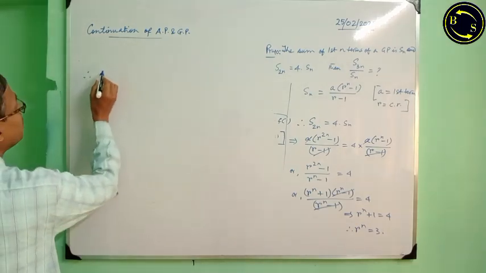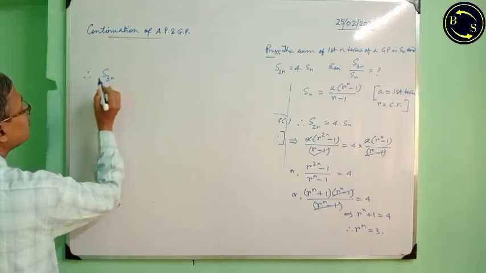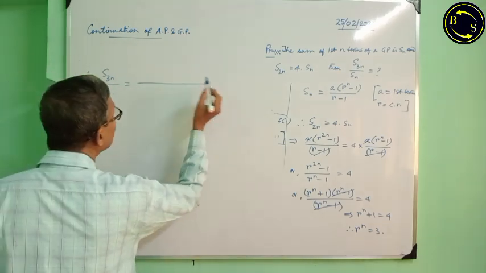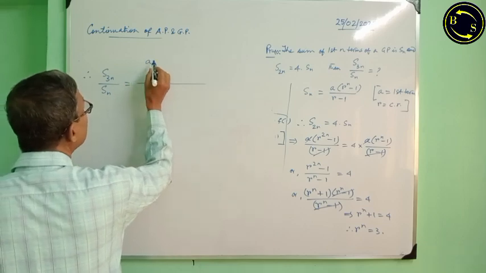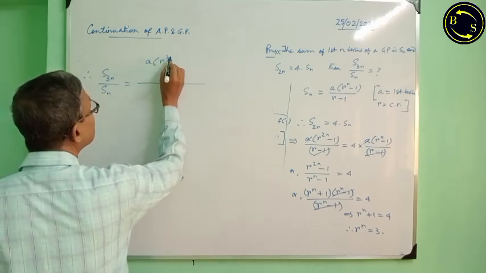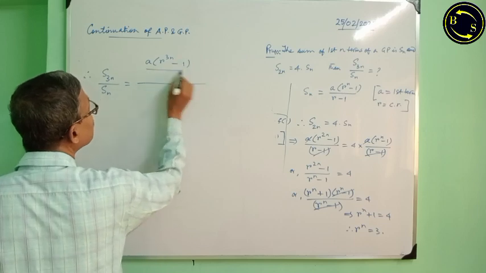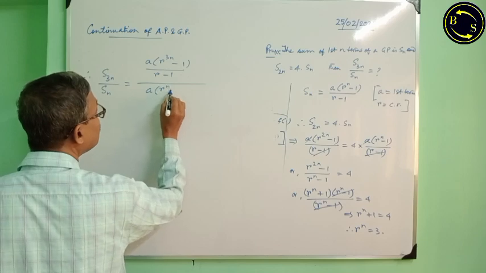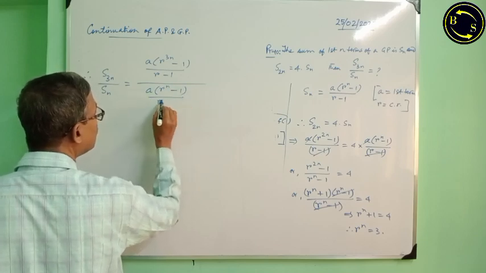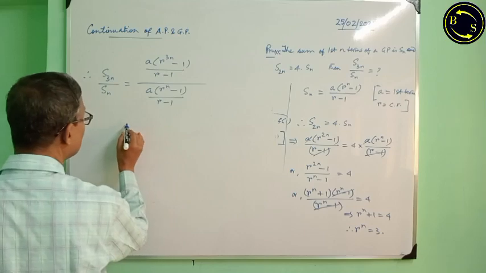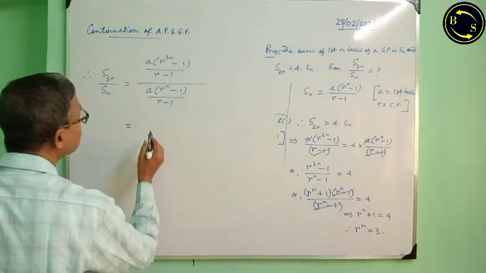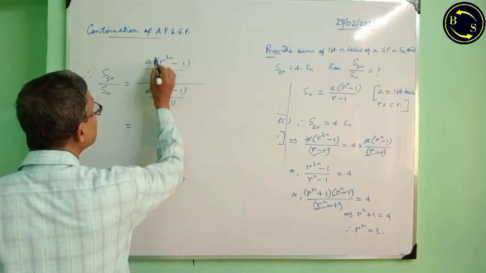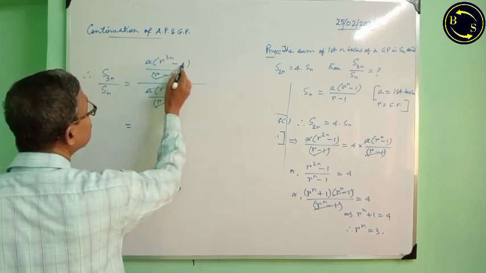Therefore, S3n by Sn, we put the expressions first. a(r to the power 3n minus 1) by r minus 1, a. These r minus 1s are cancelled, a's are cancelled, then a cube minus b cube form.